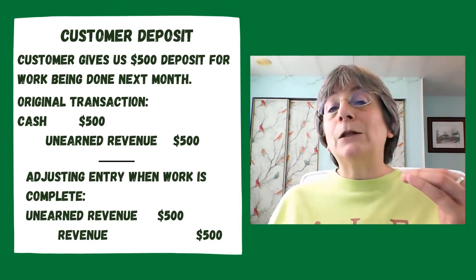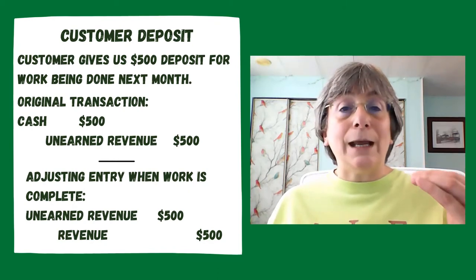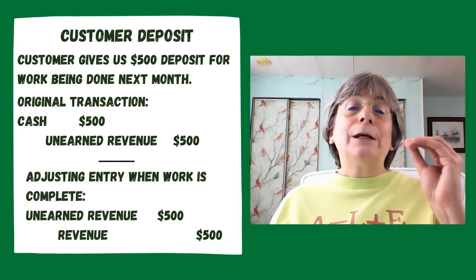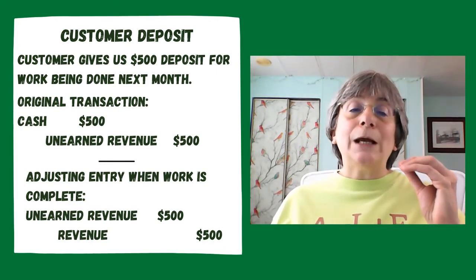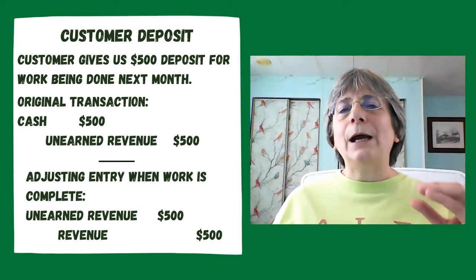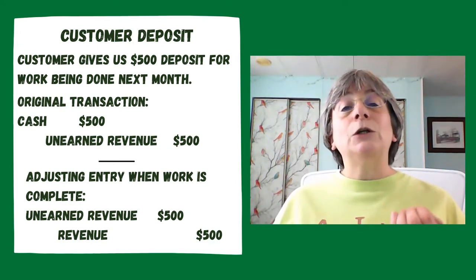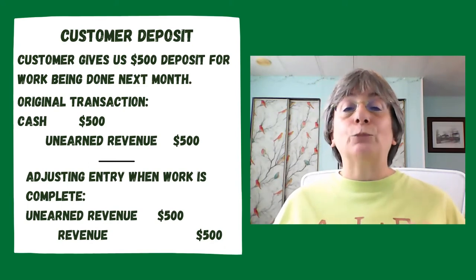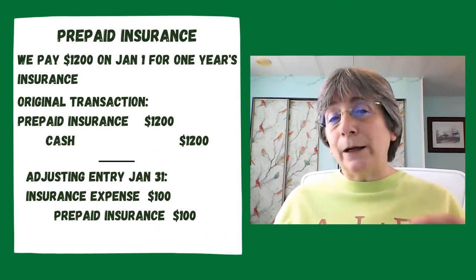You're not starting at the beginning when you're doing an adjusting entry. You're coming in later on. So keep that in mind as you're looking at adjusting entries. What was the first thing that happened? What happened with those accounts? And now how do you need to adjust them to make them be the correct balance once you have done the work?